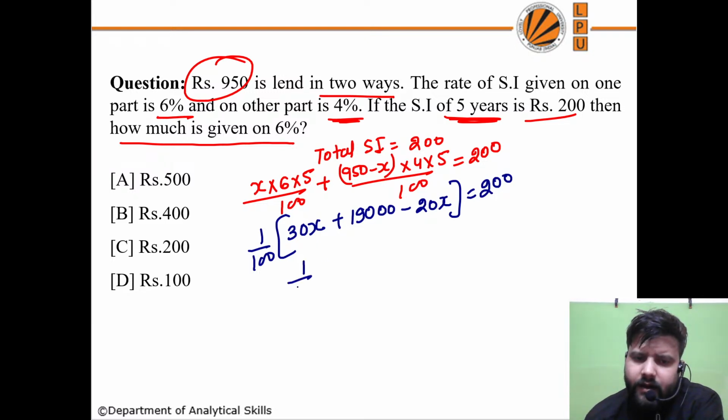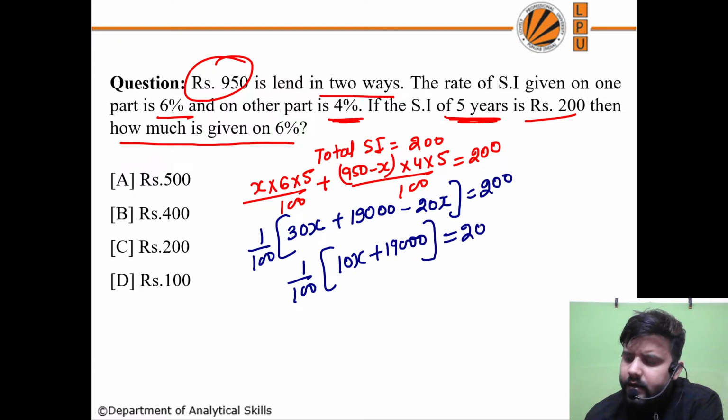From here 1 by 100 will give you 10x plus 19,000 is equal to 20,000.